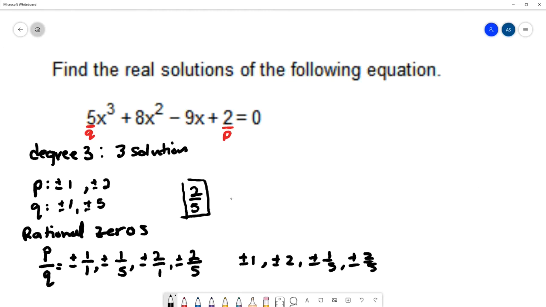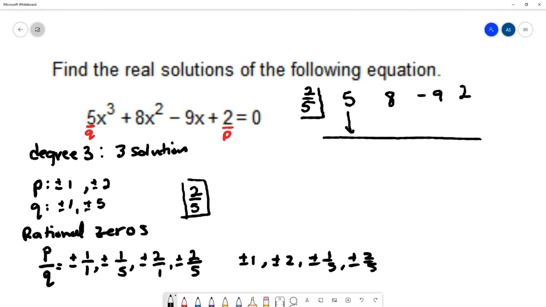So I'm going to reduce this down using synthetic division. So 2/5 is a solution I know. And I'm going to write down just the coefficients. I've got 5, 8, -9, and 2. We bring the first term down, and we multiply 2/5 times 5 to get 2.